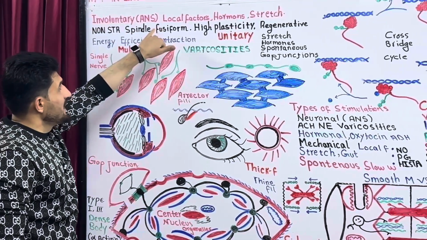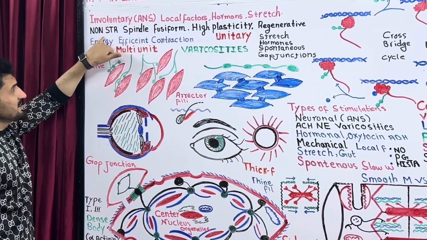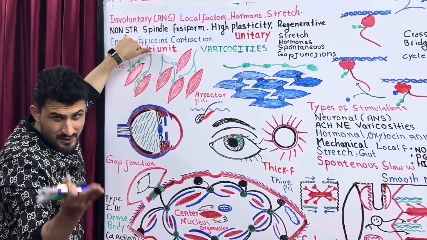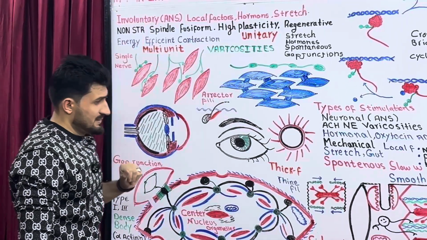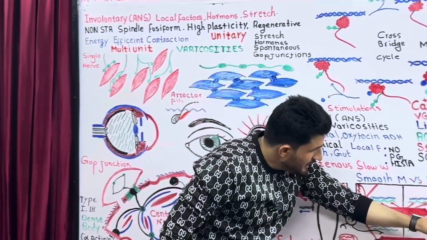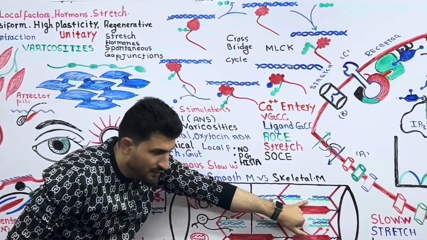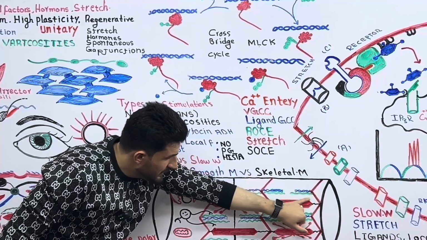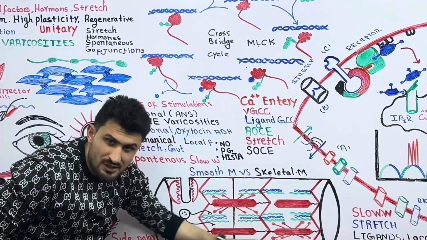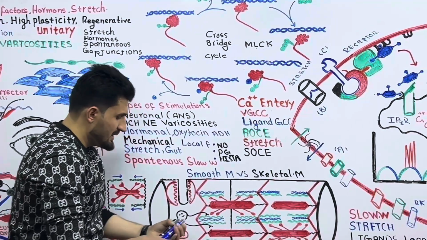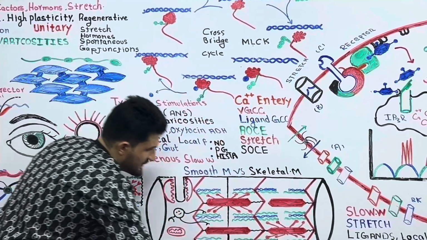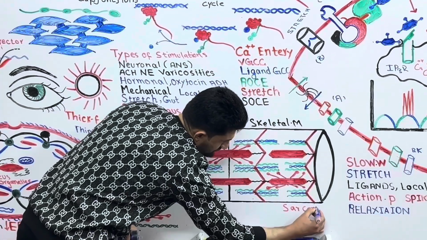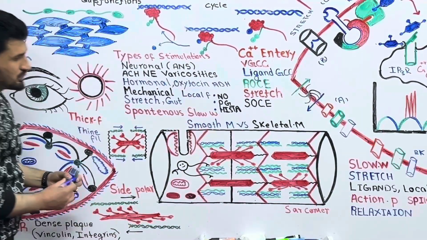Also, smooth muscles are non-striated. They look smooth under the microscope. In skeletal muscle we have thick filaments and thin filaments, and also Z lines or Z discs. The space between Z discs is called a sarcomere.